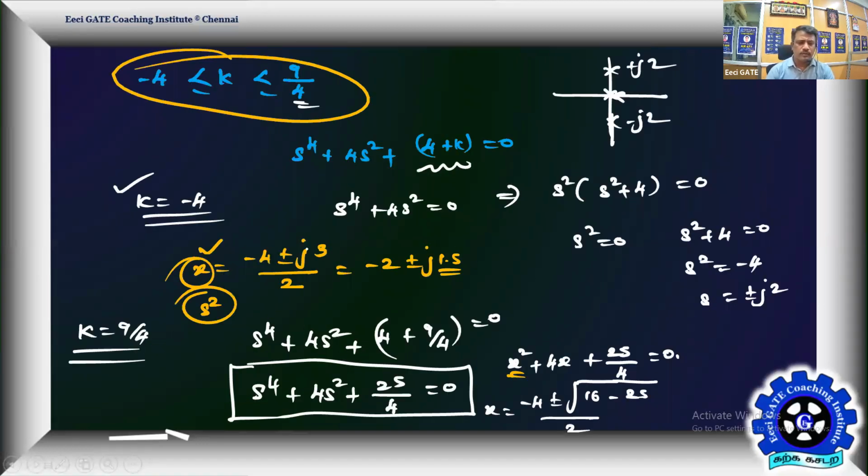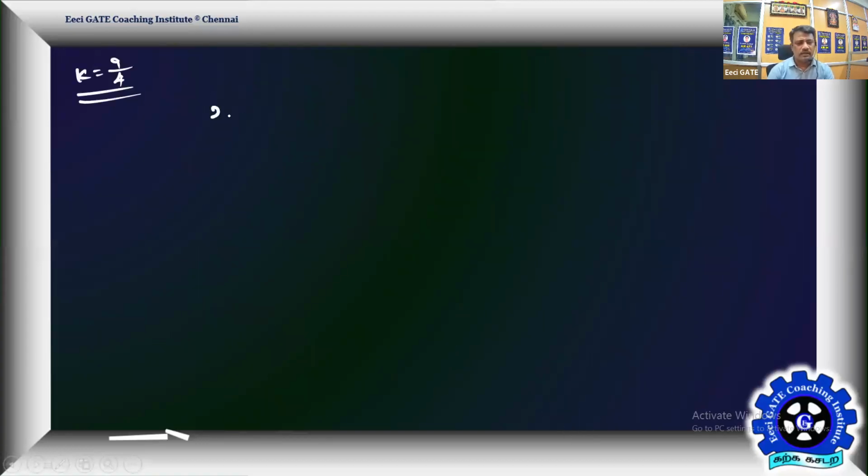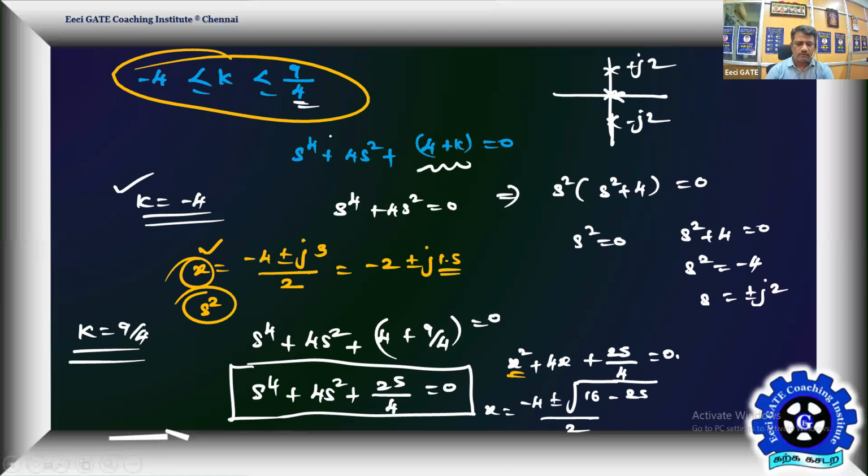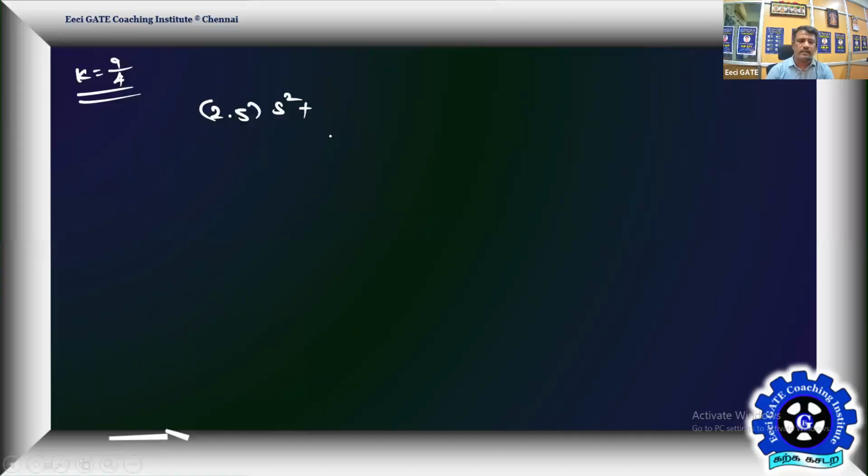That is 2.5 into a square plus, what is that? 4 plus k. So then that will give two roots. We'll go for the remaining roots. 4 plus k is equal to 0. That's your auxiliary equation. Then substitute k equal to 9 by 4. You'll get 2.5 into a square.